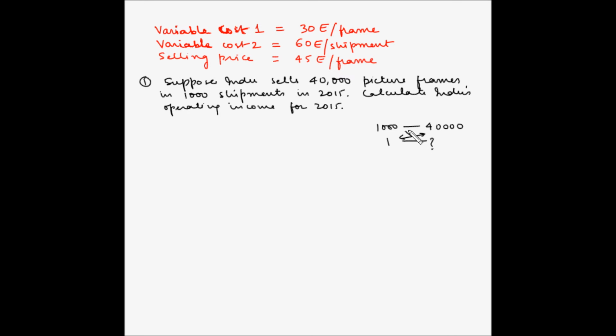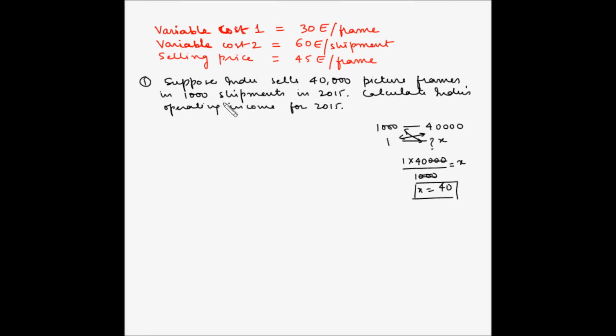So cross multiplication, 1 multiplied by 40,000 divided by 1,000 is equal to x. So x is equal to, these three zeros get cancelled with these three zeros, so x is equal to 40.